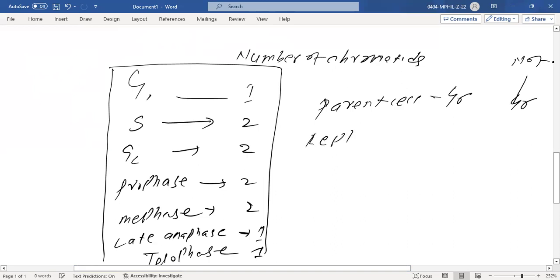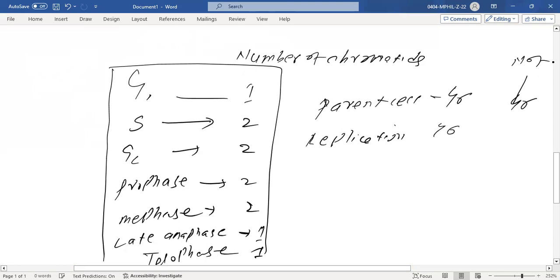So replication. Number of chromosomes during replication. Do you think the number of chromosomes will change in the cell when the DNA is going to replicate?